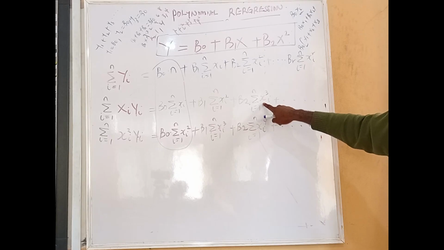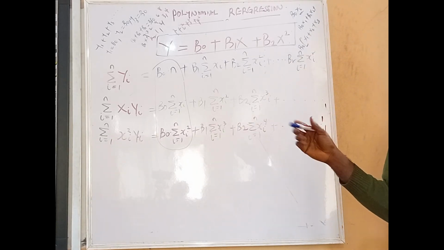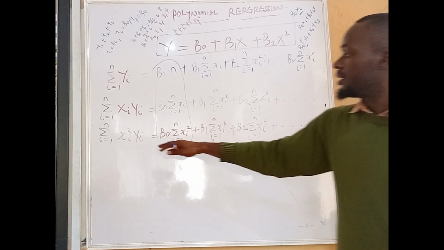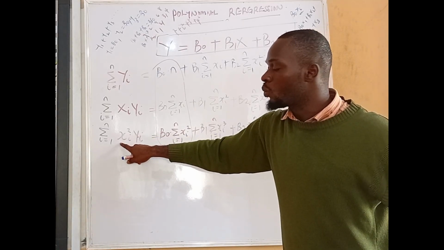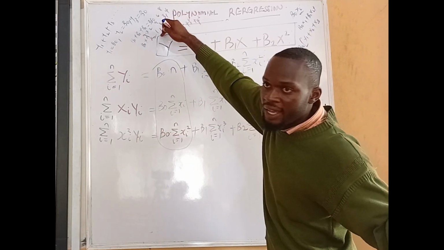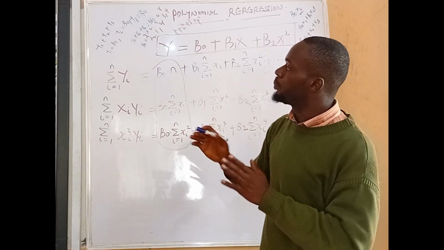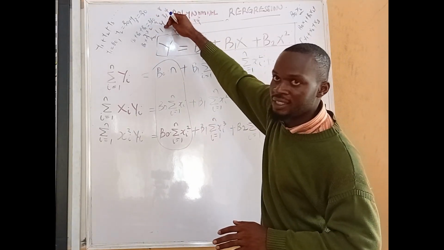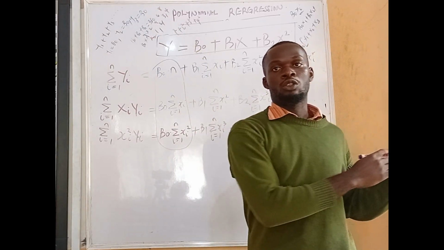S cubed means we should take the cube of each value of s, then sum everything. Then for the third one, we should find s squared y. Square your s, multiply it by your y, keep it, plus square another s, multiply it by the value of y. Once you are done, you sum everything together.